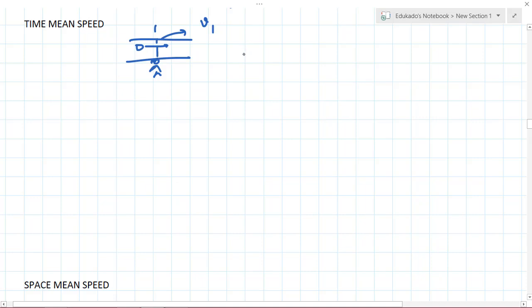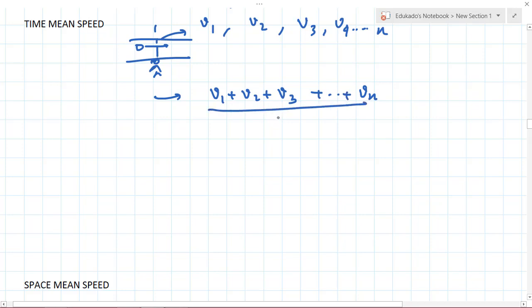At the same spot you see more than one vehicle: one was at v1, another at v2, a third came at v3, v4, and so on till vn. If you calculate the mean of all these speeds, it is v1 plus v2 plus v3 till vn, divided by the number of speeds, n. This is known as Vt, the time mean speed.